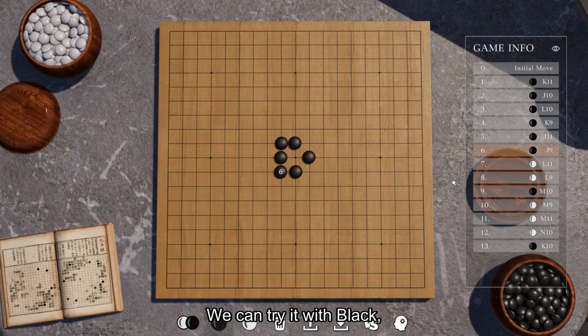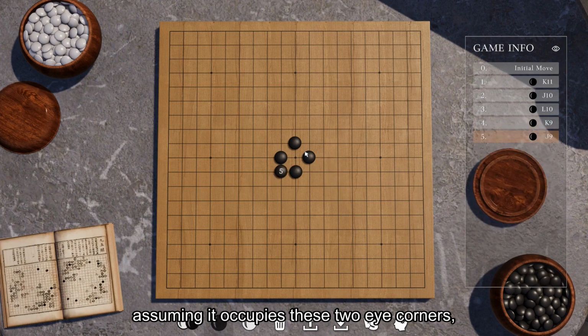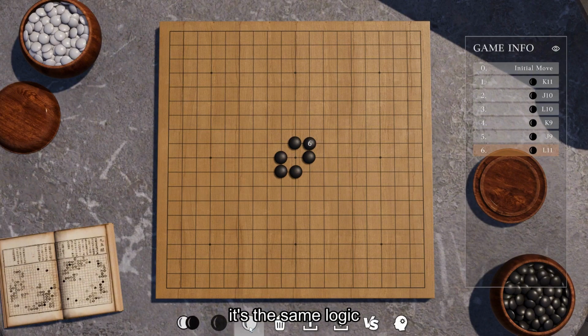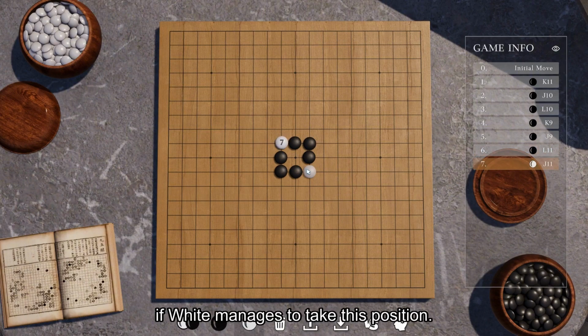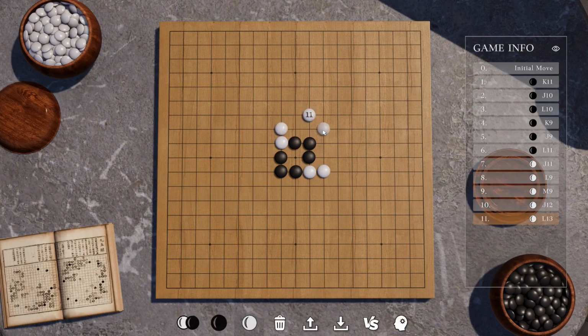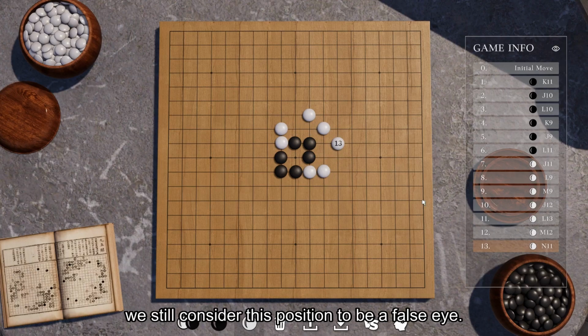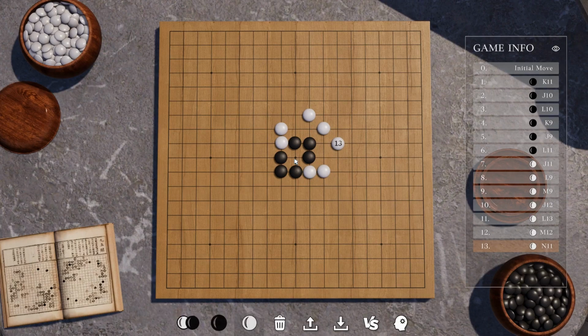We can try it with black. Assuming it occupies these 2 eye corners, it is the same logic. If white manages to take this position, we can place a few more white stones on the board. Okay, although black's liberties haven't been reduced just yet, we still consider this position to be a false eye.